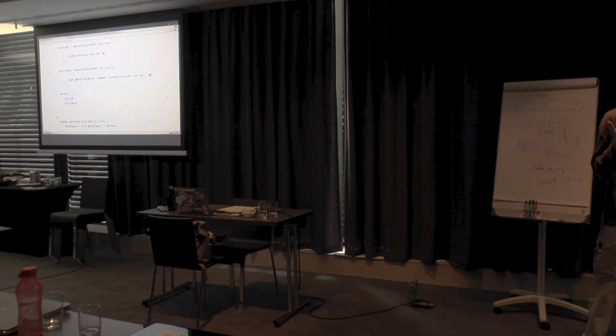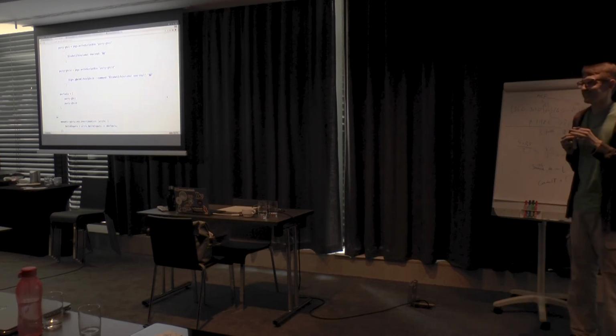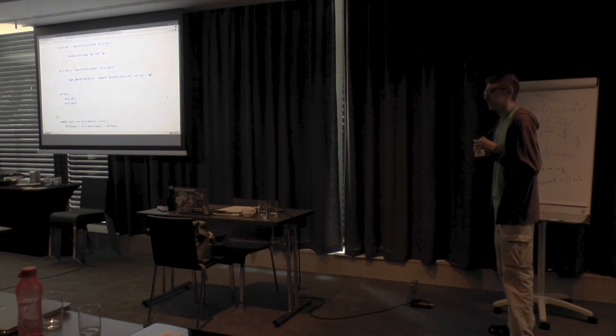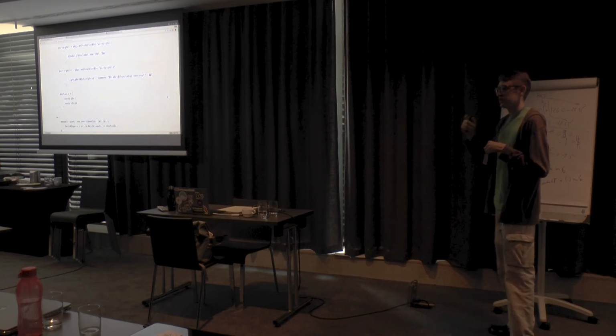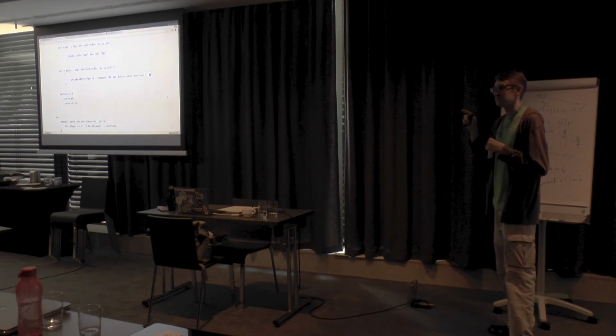Does everybody know what GHCid is, by the way? Who doesn't? Okay. GHCid is Neil Mitchell's, right? All it really does is run GHCi reload in a loop, and it watches your source files.